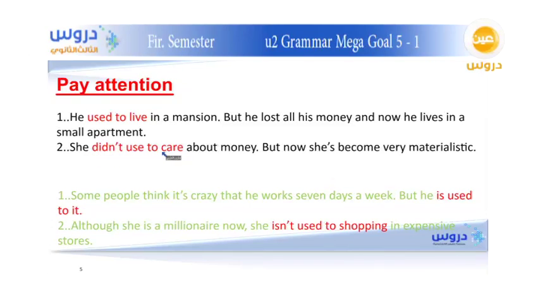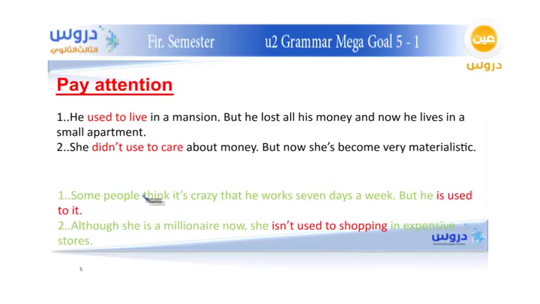So she didn't use to care about money. That woman was neglecting money. She didn't like to care much about money. But now, at the present, she became very materialistic. She likes to talk about money and to care about money.